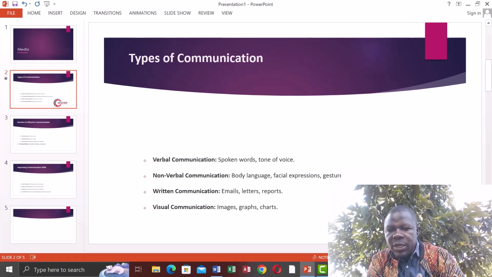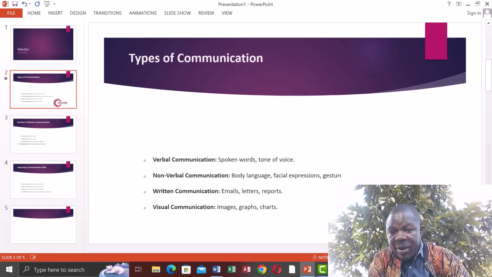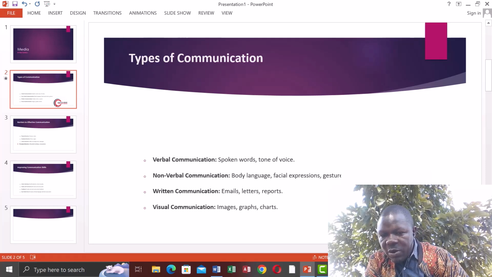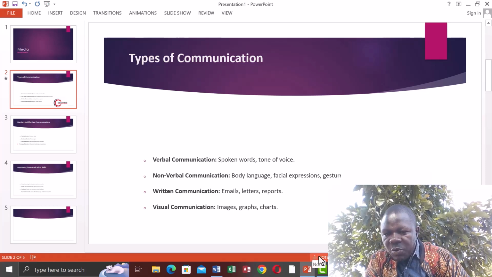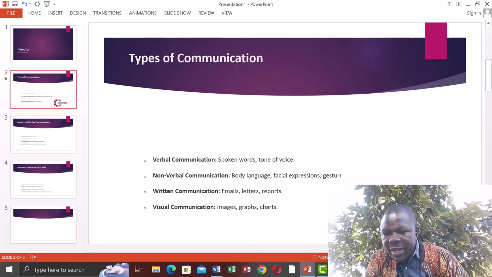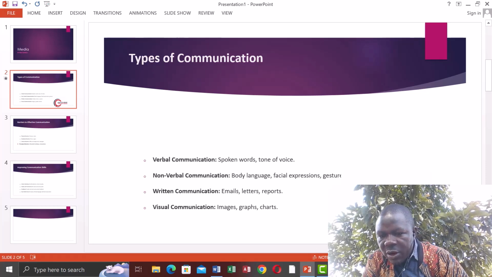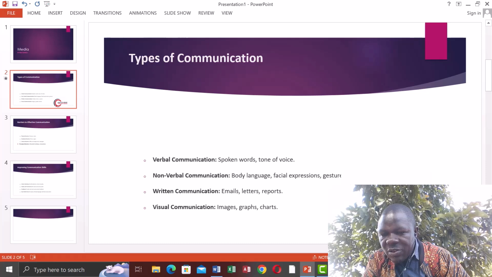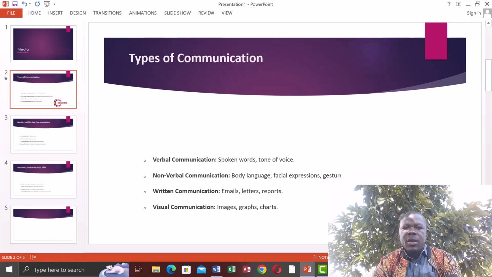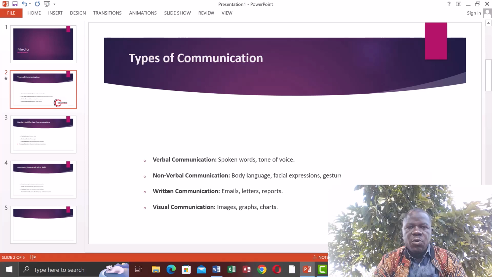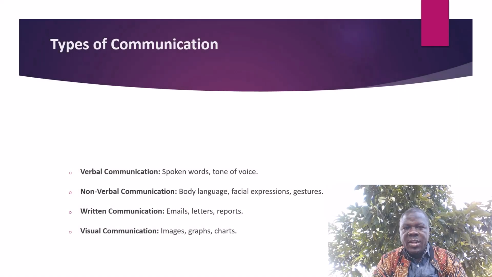You can share online, whatever you want to do. But for now, let's save this one as a new slide. Introduction to communication, maybe 2. Okay, and then we save, and then we are good to go.